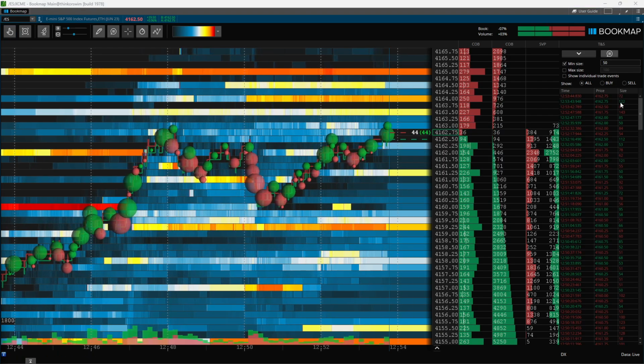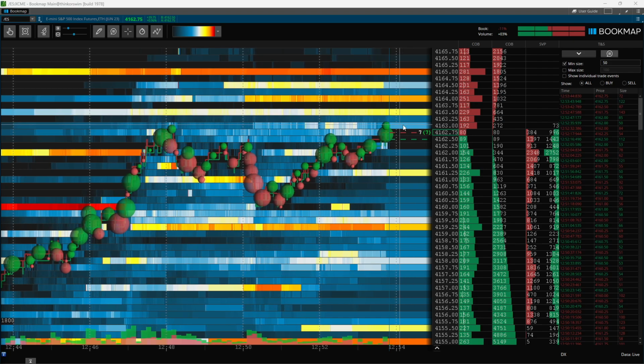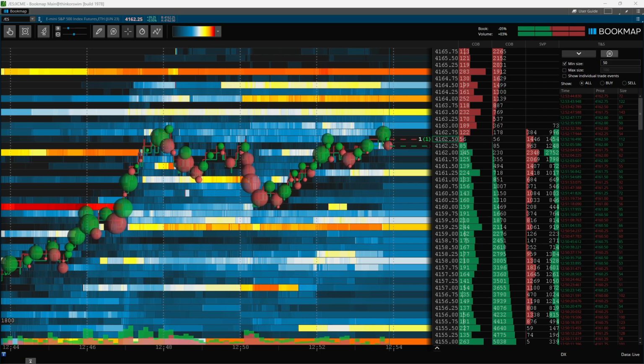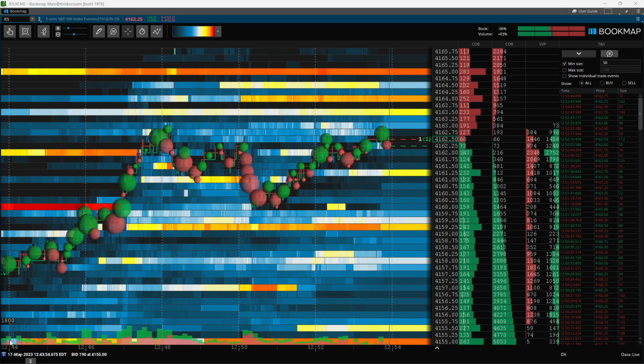Right here, the buyers and sellers are pretty evenly matched. About half a tick off again, half a point. You can see we're starting to slow down though.